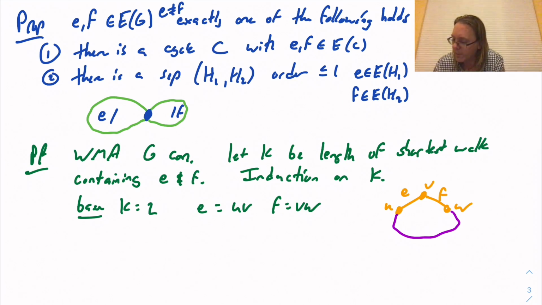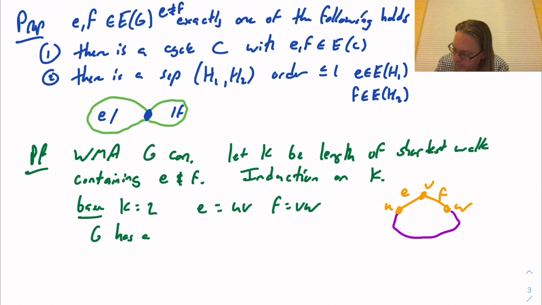So the key feature here is that because E and F share the common vertex V, your graph is going to have a cycle containing E and F if and only if there's a path from U to W in G delete V.